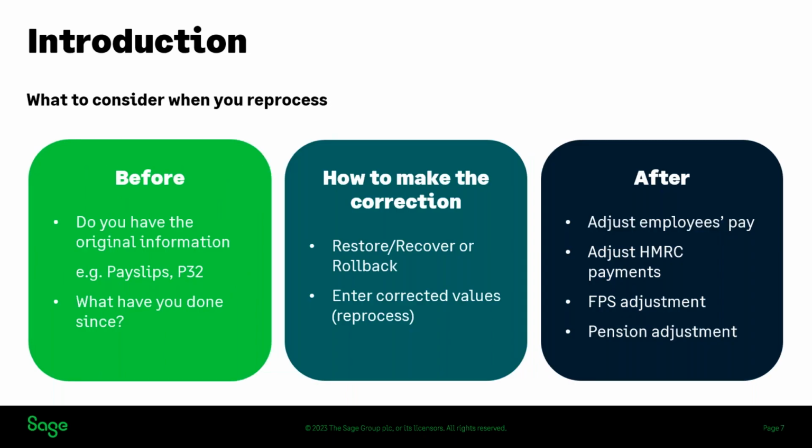So if you do decide you want to go back and reprocess, what's the type of stuff you should keep in mind? Well, before you even start making the correction, think to yourself, do I have the original information about what that employee was paid? So do I have a copy of their original pay slip? Do I have the P32 if I've made my payment to HMRC? If you've posted the nominal link, do you know what the nominal link transactions were?